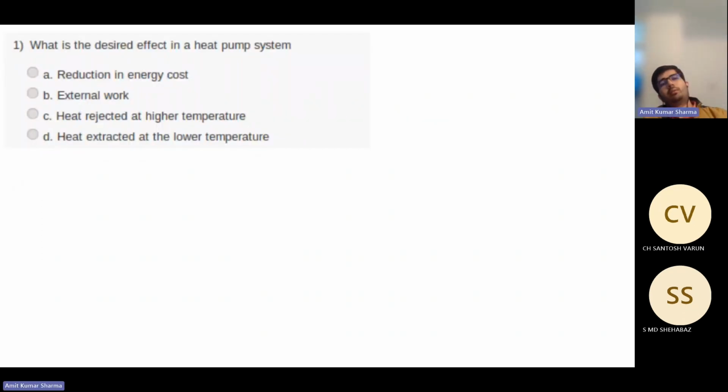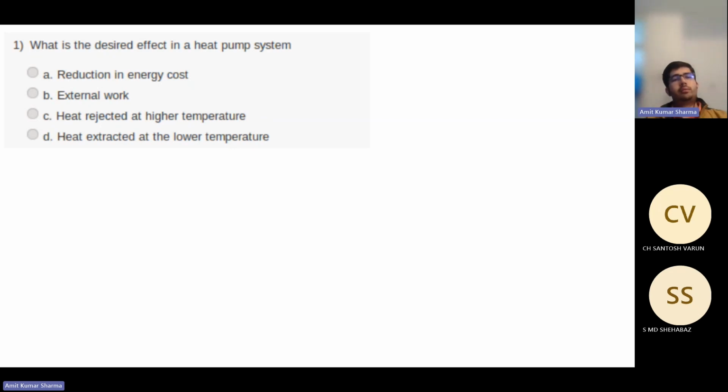Okay, question number 1. What is the desired effect in a heat pump system? There are 4 options: reduction in energy cost, the external work, heat rejected at higher temperature, heat extracted at lower temperature. Take 1-2 minutes.